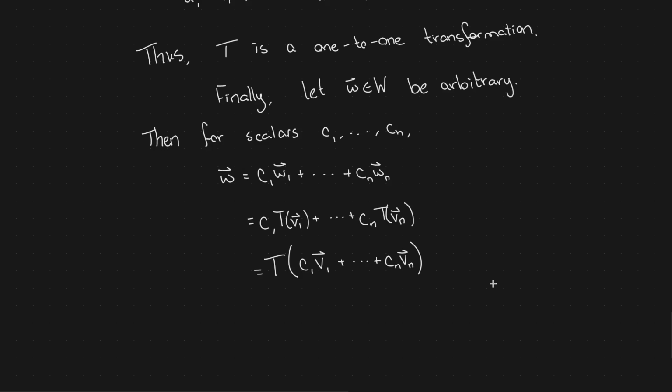Okay, which means there is some vector in V that I could plug into the transformation to get w, right? c1 v1 plus dot dot dot plus cn vn, that is a vector in V.